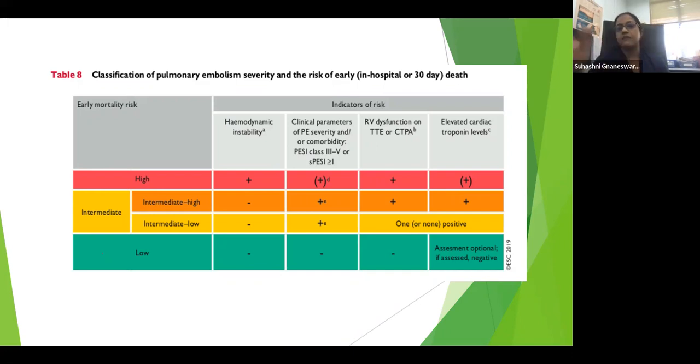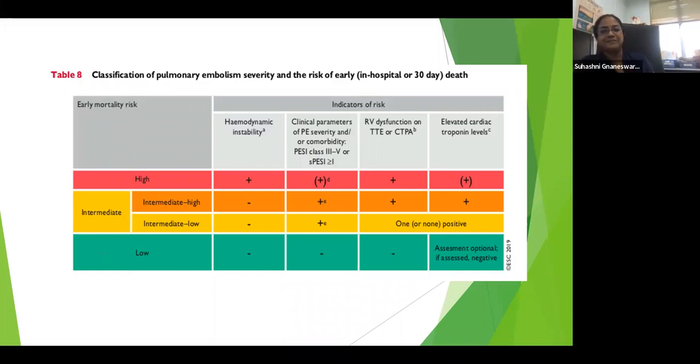We will give lytic therapy if there are no contraindications and the patient has no high risk of bleeding. But like Dr. Ng's case, the patient who had a high risk of ICB, a history of ICB before this, now that becomes tricky. You do have to let the patient and the family know that this is high risk. So we have to inform the patient before giving this lytic therapy.